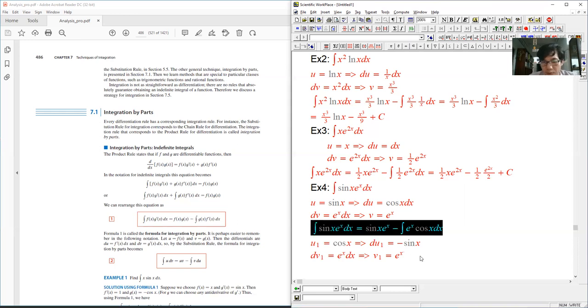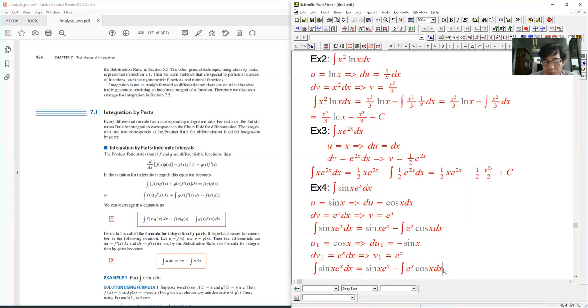We change this formula to u1 v1, so it's cosine x e to the power x, minus the integral of e to the x times minus sin x dx.